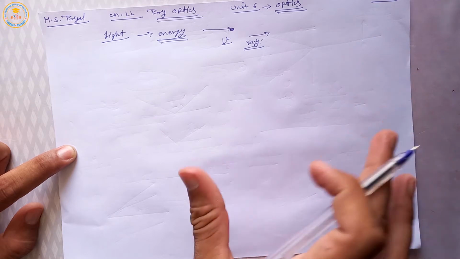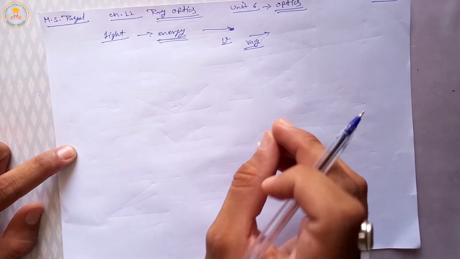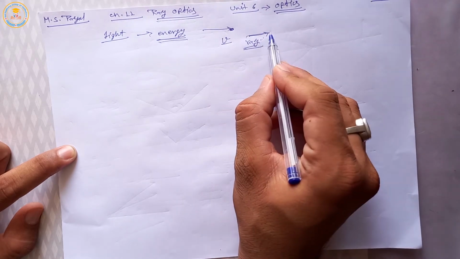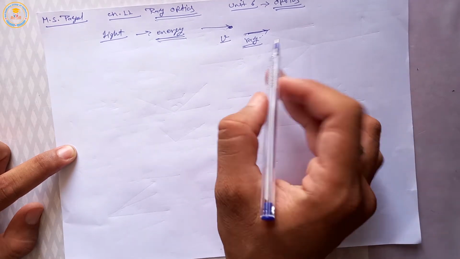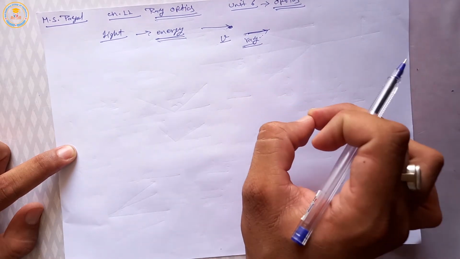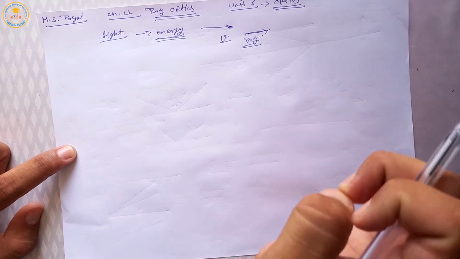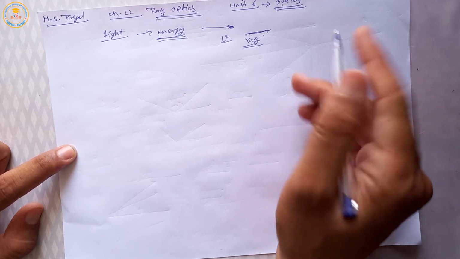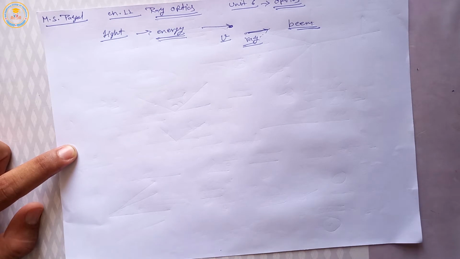Again we say light can be considered to travel from one point to another point along this straight line. This straight line, the path, is called a ray, and a bundle of such rays is equal to a beam of light. This is some introduction.